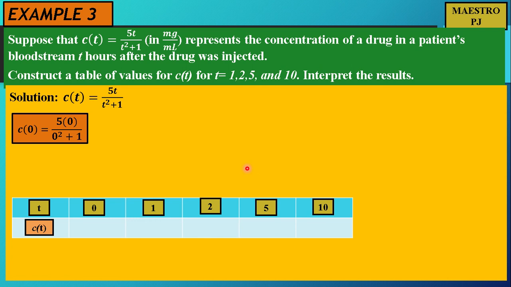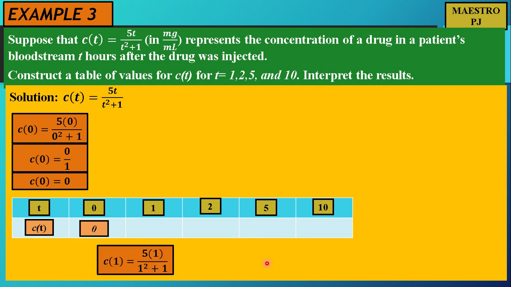So, initially, at t is equal to 0, ibig sabihin hindi pa nai-inject yung drug sa patient's bloodstream. So kapag ang t natin ay 0, C of 0 is equal to 5 times 0 divided by 0 squared plus 1. C of 0 is equal to 0 divided by 1. C of 0 is equal to 0. So malamang, ang concentration ay 0 kasi hindi pa naman nai-inject yung gamot sa bloodstream ng pasyente.